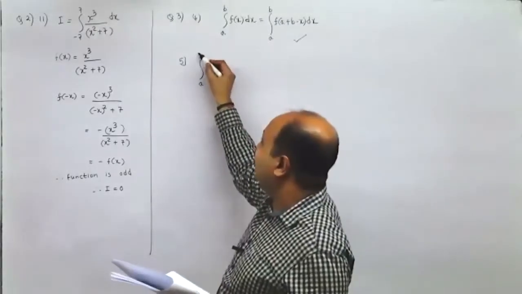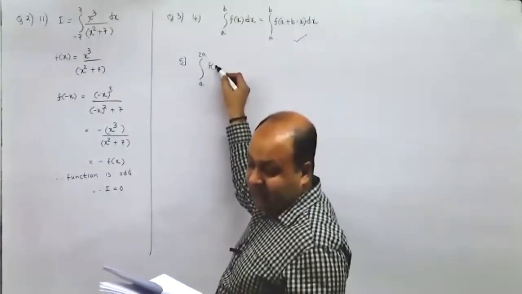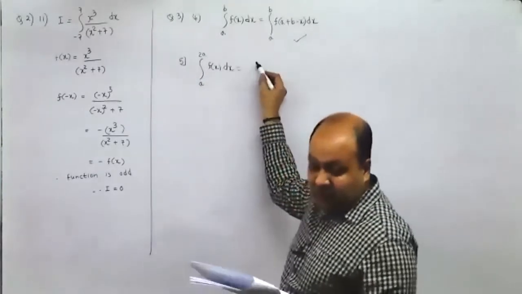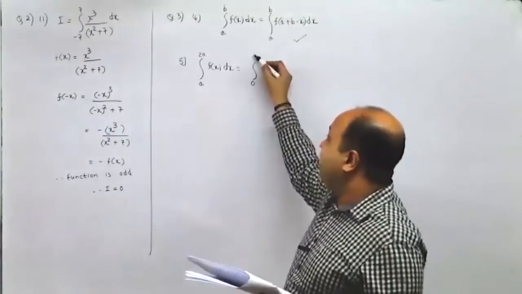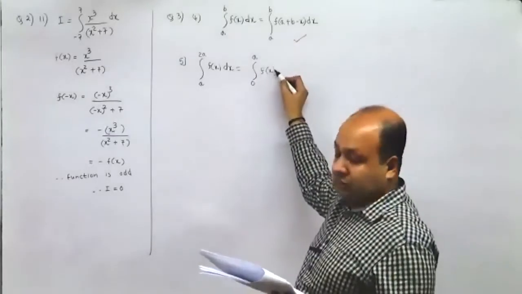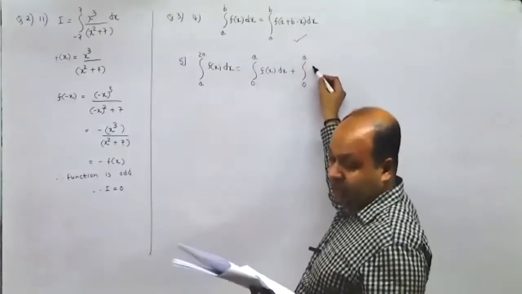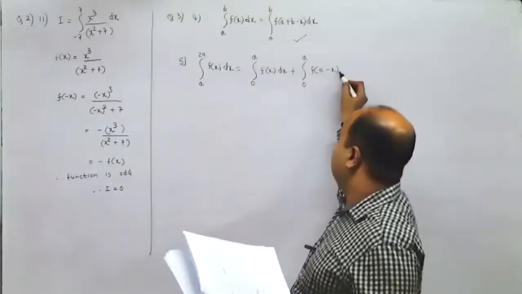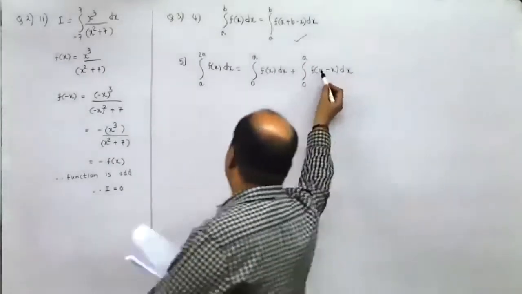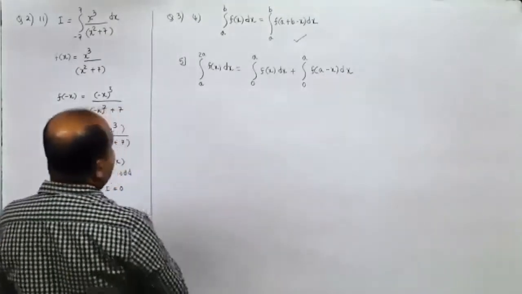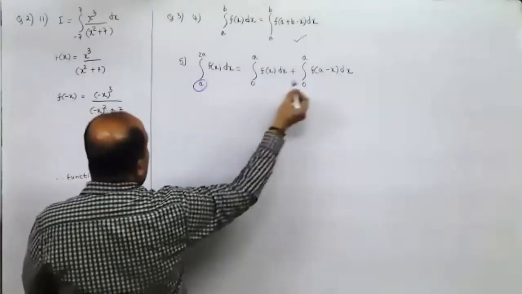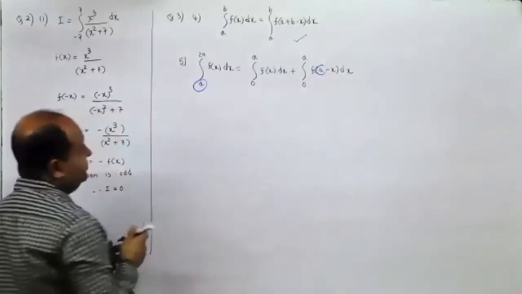First of all, a to 2a is not right. Next, this should have been 2a minus x. So there is a mistake here and here.